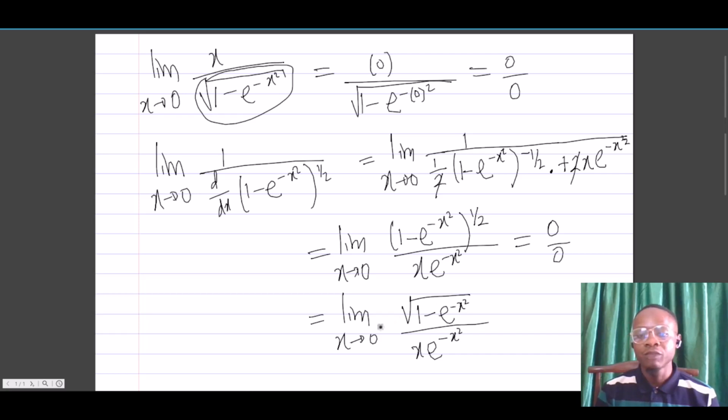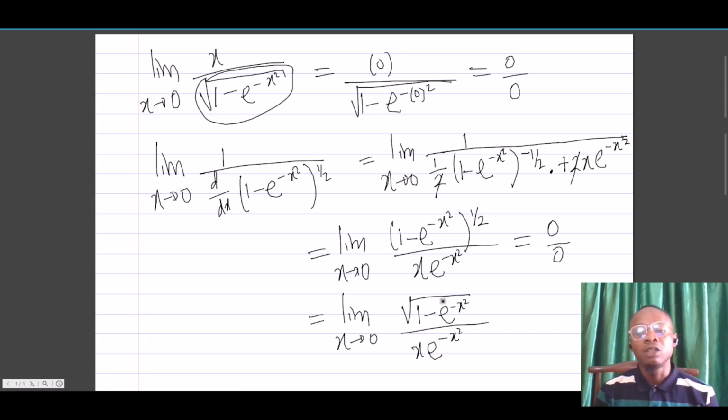So when you make this substitution here, you're going to have 0 over 0 still. This is going to give us 0 times 1, which is still 0. So it doesn't simplify anything. We have not been able to cancel out anything that actually removes the 0 over 0 indeterminate form here.